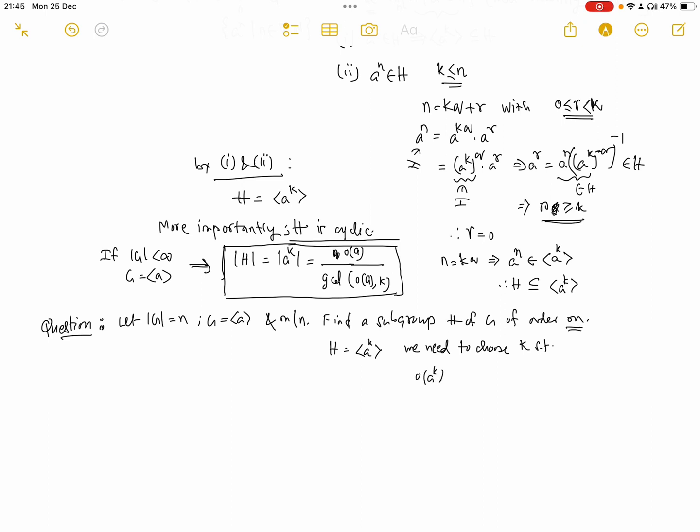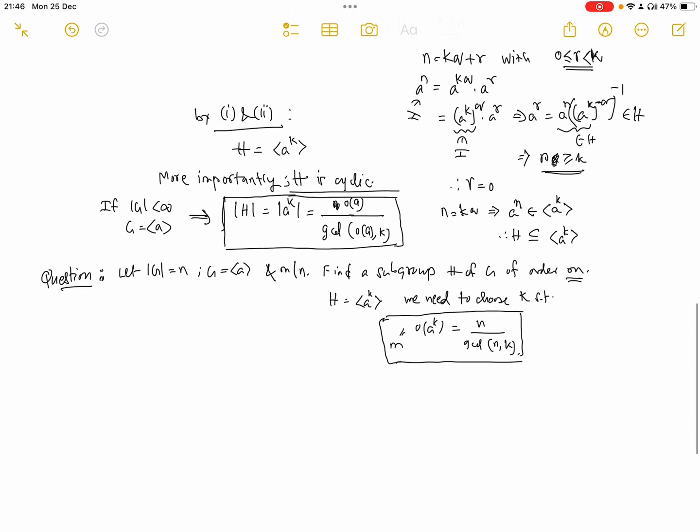That is, the order of A power k should be m. But that is the order of A divided by the GCD of n and k. So we need to find k such that this relation holds. Yeah, that is the important thing. I will talk about these things in detail in the next video. But you may also try to figure out whether such a k exists or not.